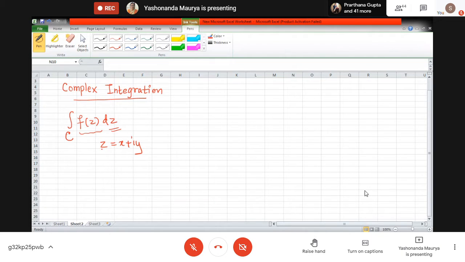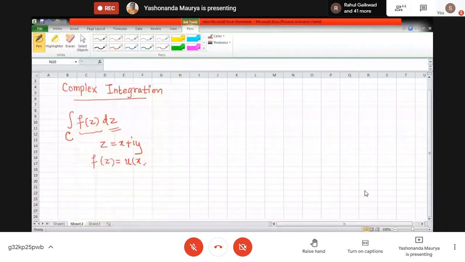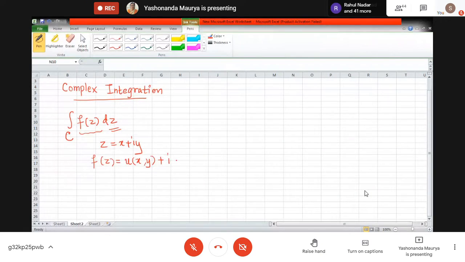So our function may have some real part u(x, y) plus i times v(x, y), and similarly this dz term will be of the form dx plus i dy.